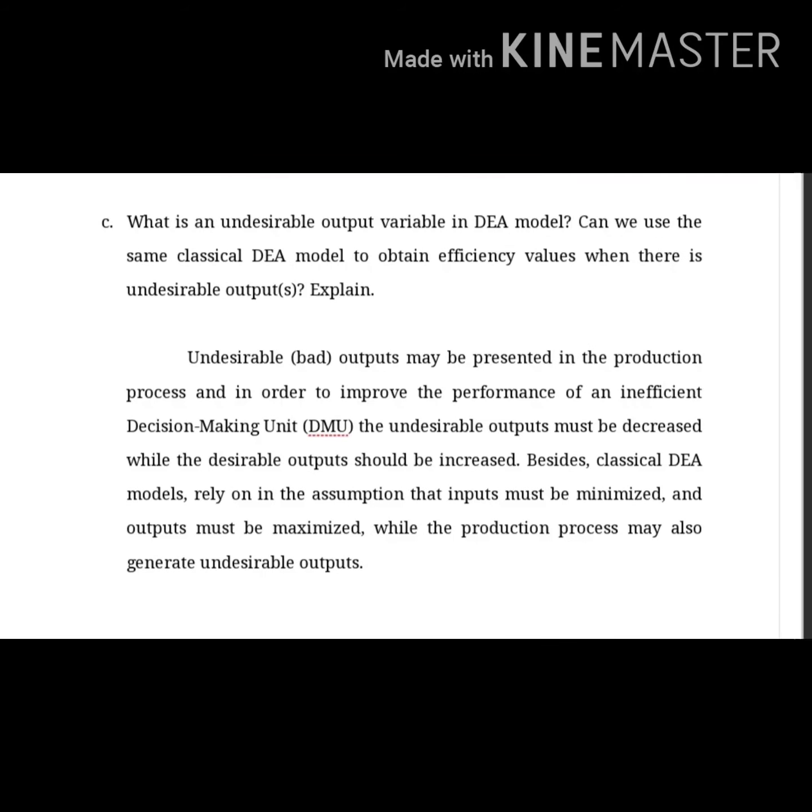C. What is an undesirable output variable in a DEA model? Can we use the same classical DEA model to obtain efficiency values when there are undesirable outputs? Explain. Undesirable bad outputs may be present in the production process, and in order to improve the performance of an inefficient decision-making unit, DMU, the undesirable outputs must be decreased while the desirable outputs should be increased.